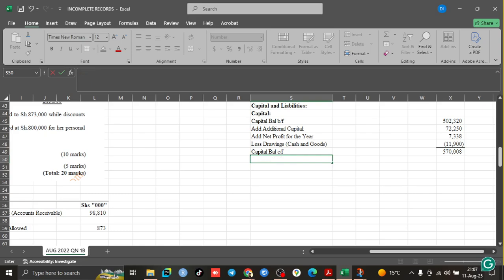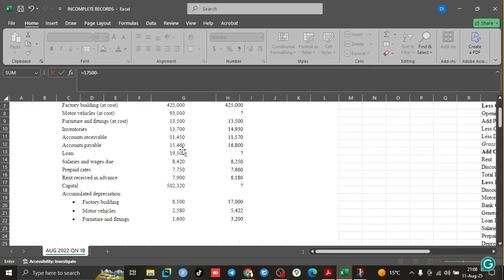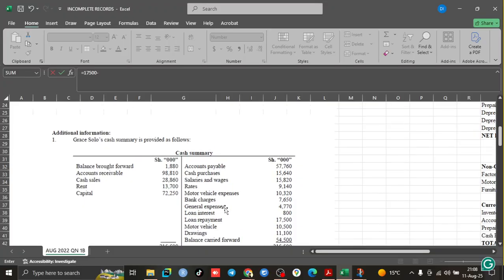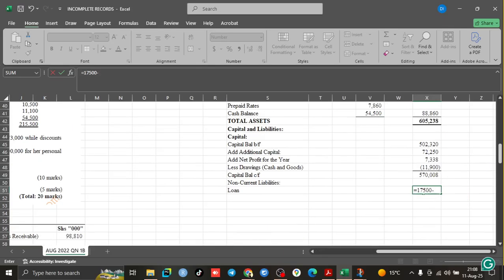Non-current liabilities: we have the loan, the value given initially is 19.5. Then we paid the loan. We don't deduct interest, we only reduce the principal repayment. So 19.5 minus what we repaid, 17.5. Whatever remains owing on our loan is 2,000.